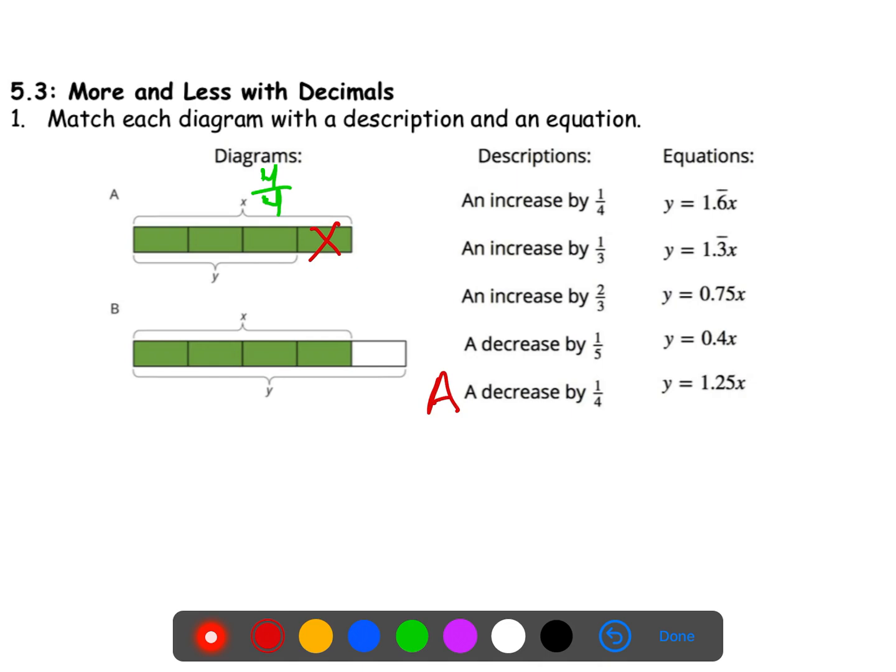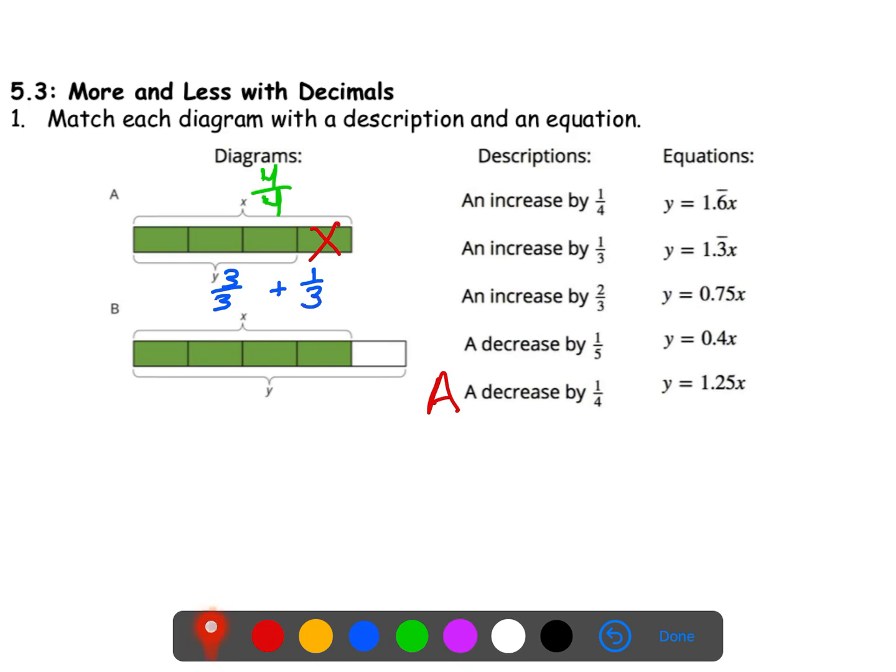But we can also look the other way. If we compare to the y amount, well, y is made up of only 3 of these parts, so all of y is 3/3. So 3/3 for y. And then to equal the x amount, we need all 3/3 and an additional 1/3.